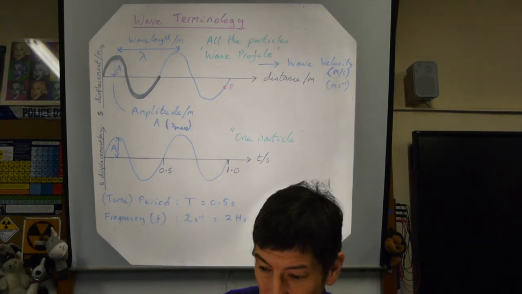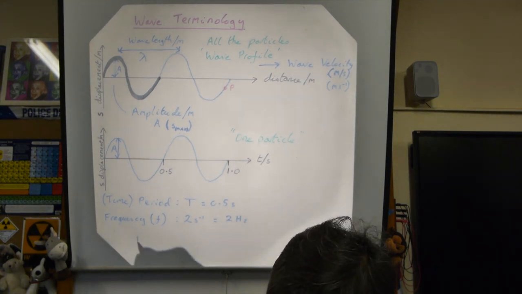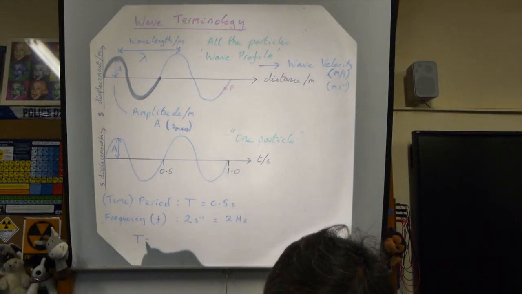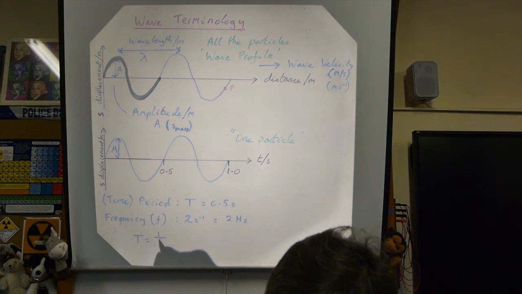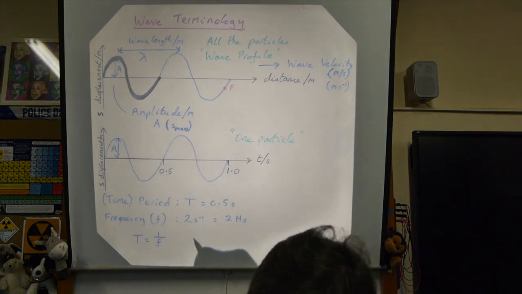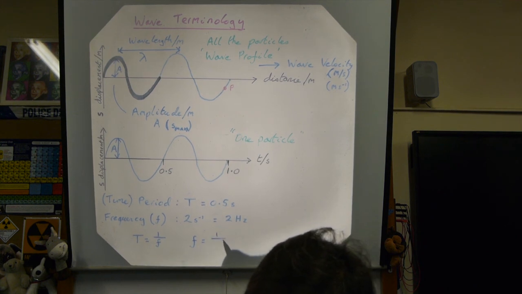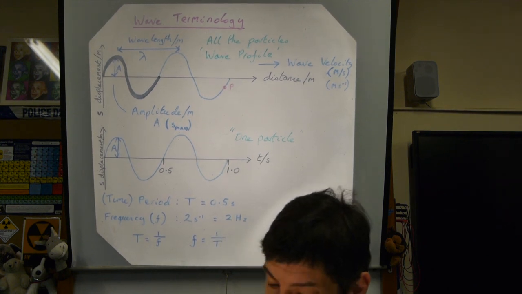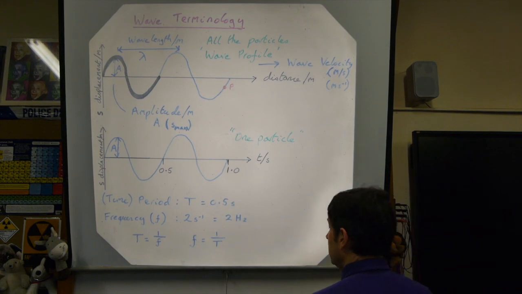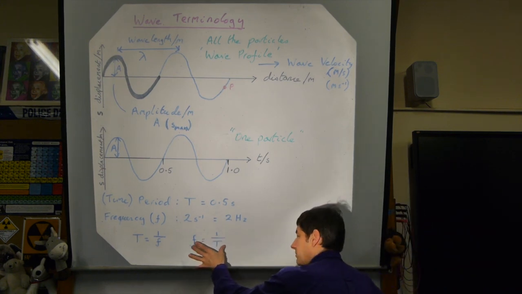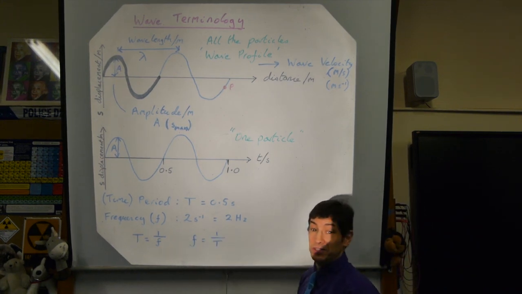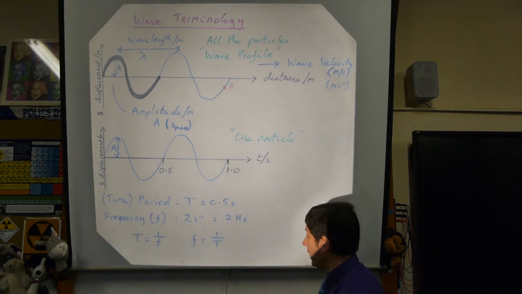So, the time period of any wave is equal to 1 over the frequency, and the frequency of any wave is equal to 1 over the time period. So that's something you really must just know. It must come from your brain very, very quickly.